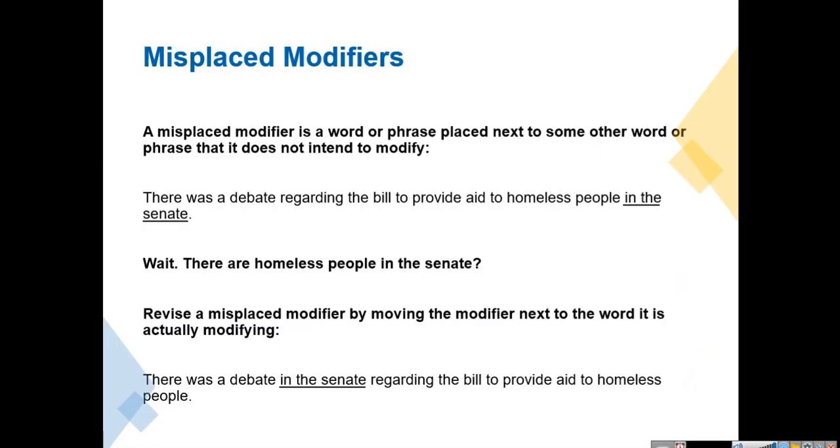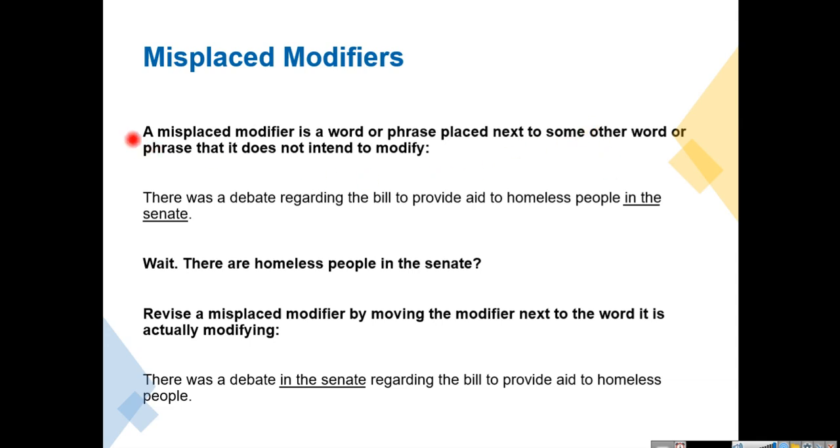Now we're going to talk about misplaced modifiers. This is a little bit easier than the dangling modifiers because we're not talking about groups of words, but the placement of some nouns and how they represent one meaning or another.